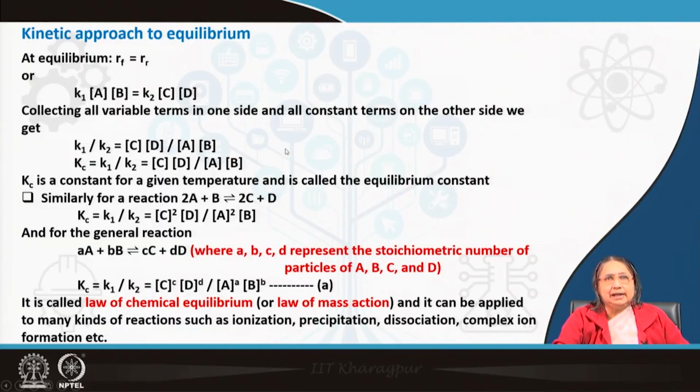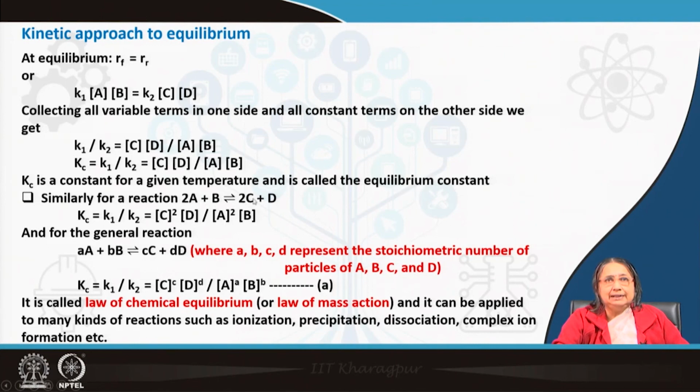I have told that all the stoichiometric molar ratios are 1:1:1:1, but almost all reactions are not like that. The molar coefficient may not be 1, but it may be 2, 3, 4, whatever.